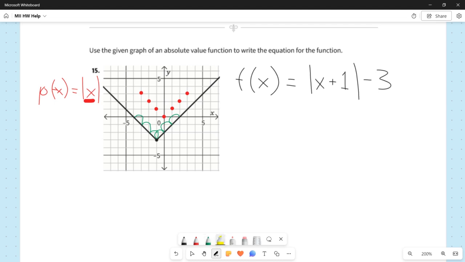So that means that there is no number here that we need to write. We can keep that number as an invisible 1. We're not going to say 1, but it is there. But the point is that we don't have to replace that with some other number in front of the absolute value, because there's been no stretching or anything like that. So that means that this is our final answer for number 15.